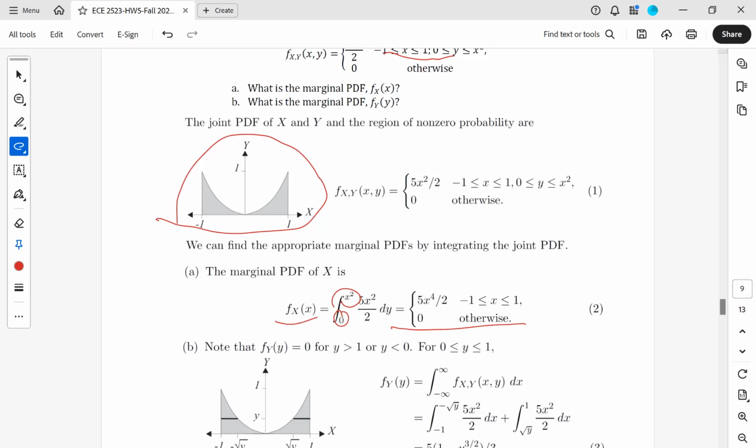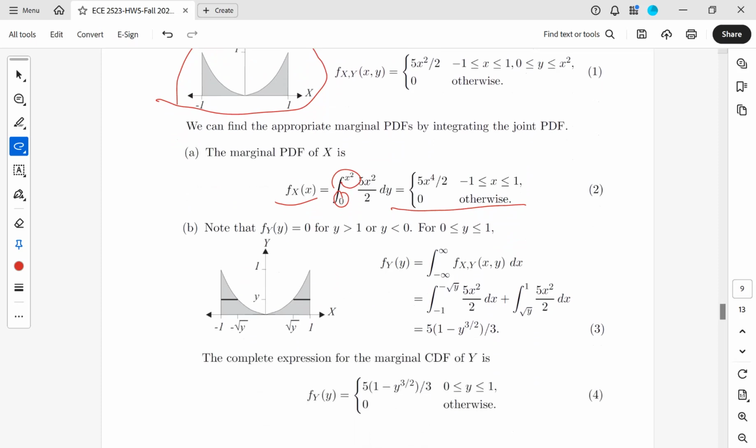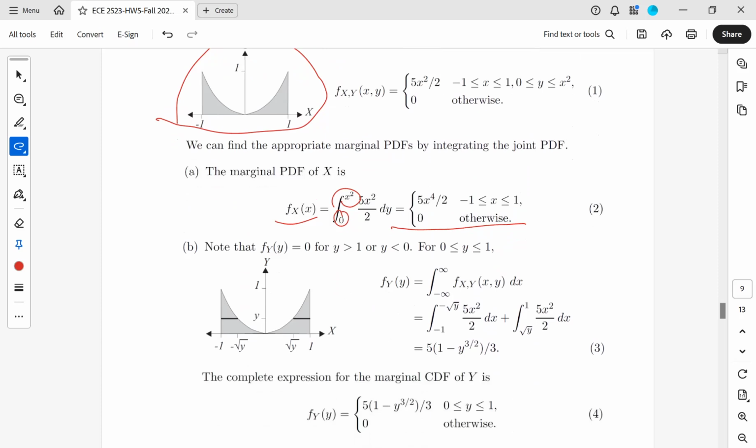For the marginal PDF over y, we integrate over x. But again, we know that the minimum value for x is -1 and the maximum value is 1. But the values of x are also limited by the condition that we have in our PDF.